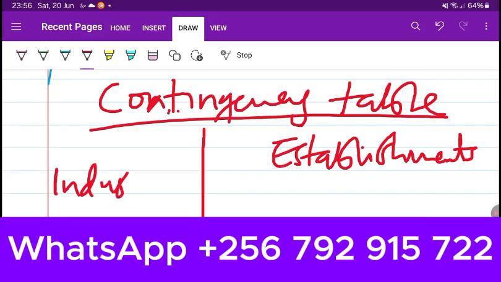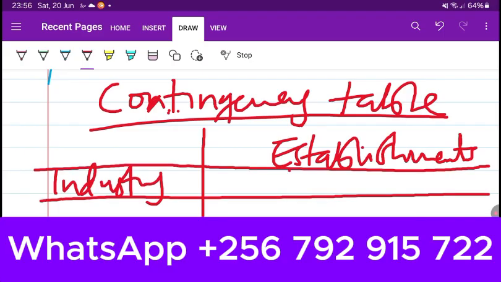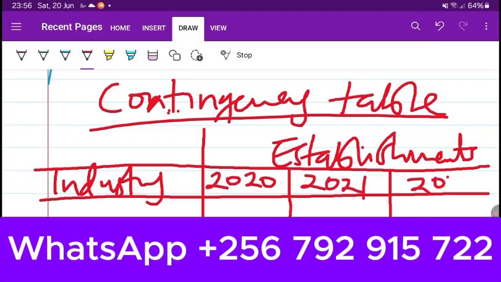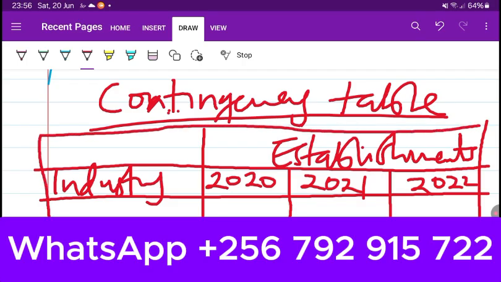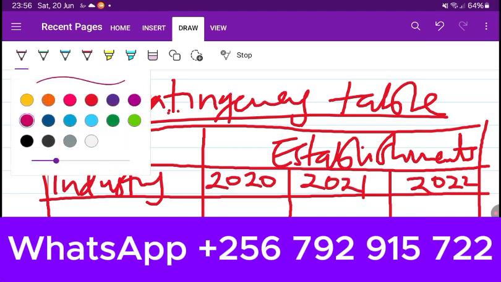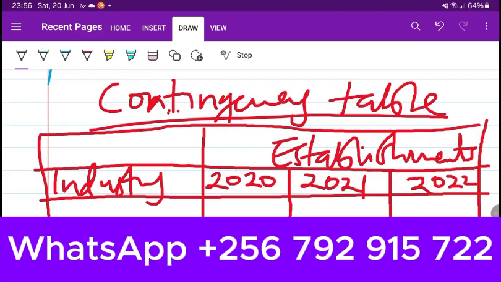Maybe within here we have different years. Establishments. Maybe this is 2020, maybe this is 2021, 2022. Such distributions. Then under the industries, we can have maybe health.